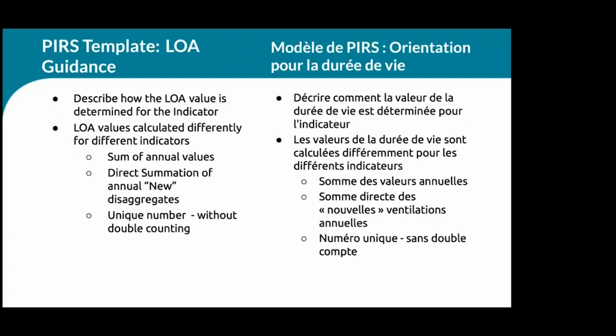The PIRs is also where the life of award guidance is described. So this determines how the value is calculated, and this can be done in a variety of ways, including as a sum of annual values, direct summation of annual new disaggregates or unique numbers, which are arrived at without double counting.